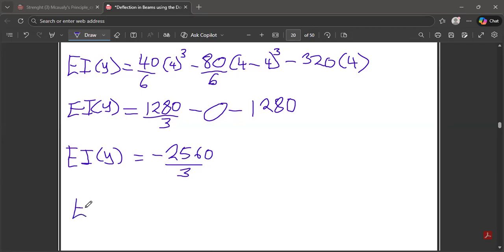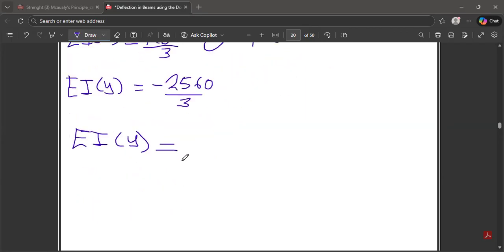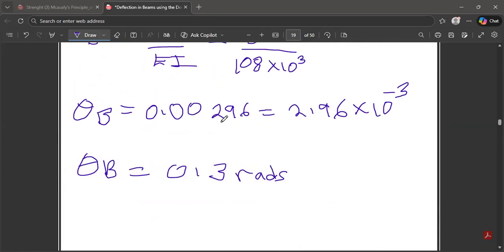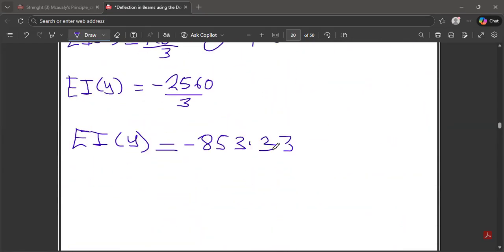And this is the same as our EIy to be equal to what? If you change this to decimals, you are going to get, press SD, minus 853.33. Because we were using 3 decimal places for the other one, let's maintain 3 decimal places.